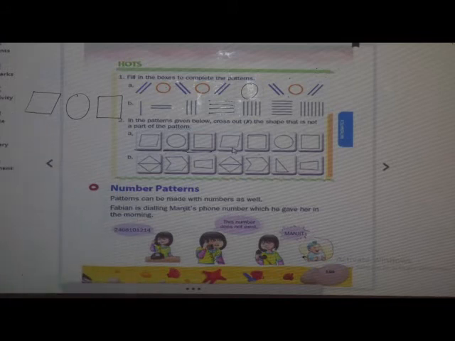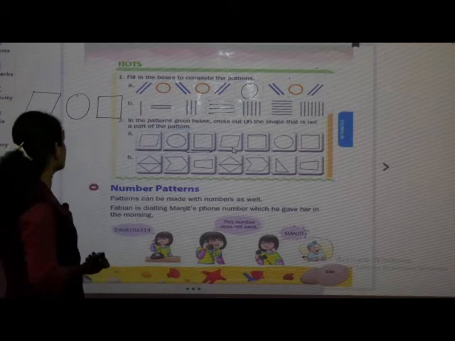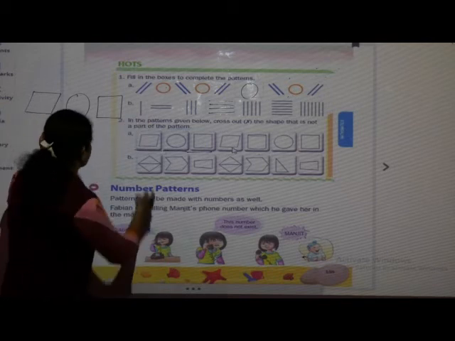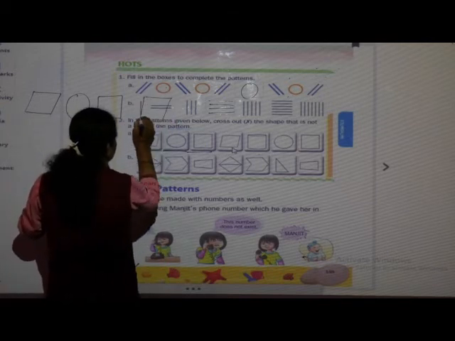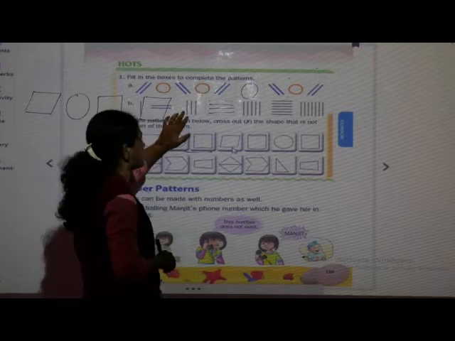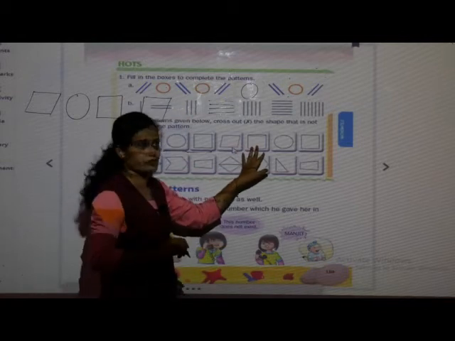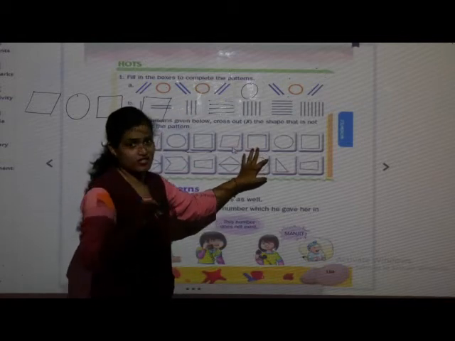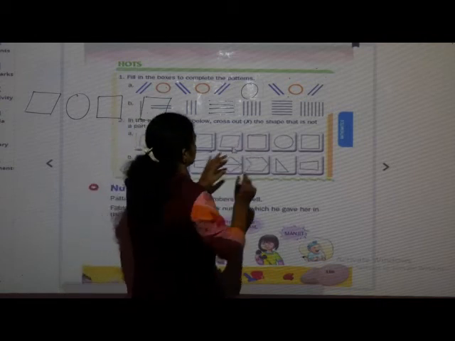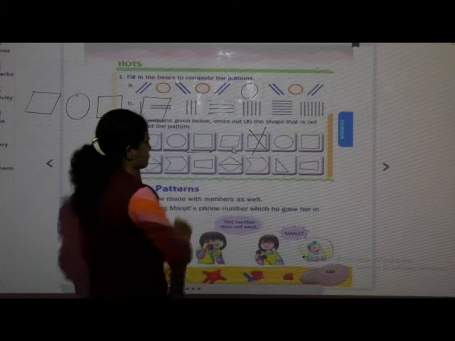So bend square, circle, and then again square. Then what comes here next? From first, square, this bend square. Then after this bend square what comes? Circle, but here what they have given? Cylindrical shape. So this is not part of the pattern. So I will cancel this.